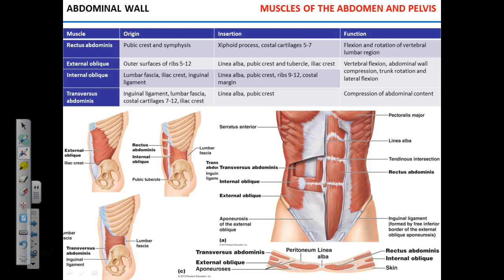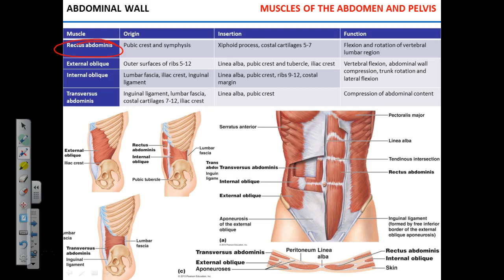So muscles of the abdominal wall are organized in 3 layers. Okay? The first muscle, actually, I kind of didn't arrange them good enough. Okay, the first one we're going to talk about is rectus abdominis. Rectus abdominis is the great example of muscle naming.